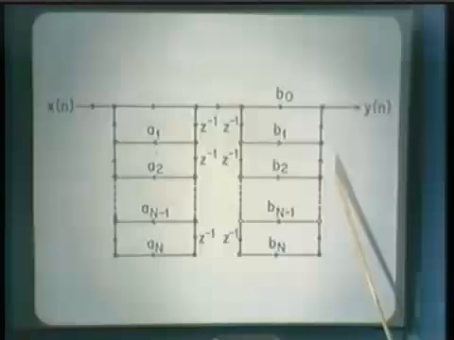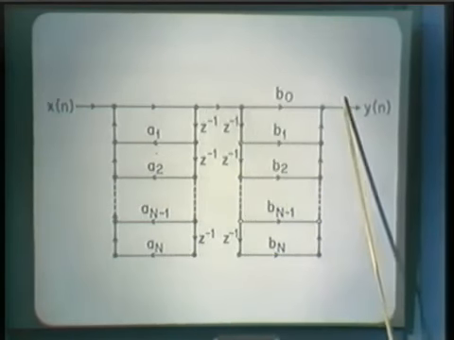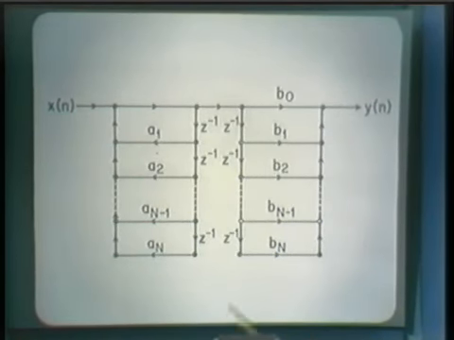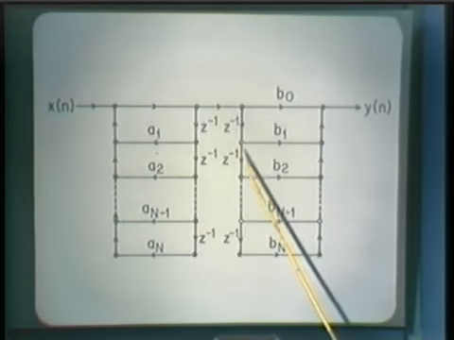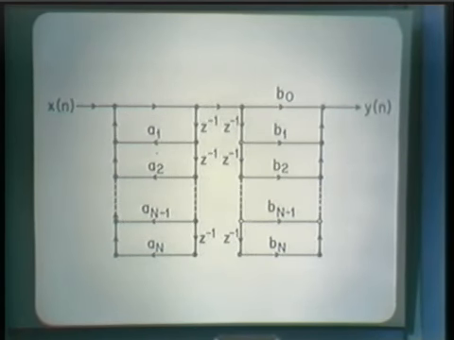So this system is identical to the other one, clearly identical in terms of the overall transfer function, and what I've done simply is just to interchange the order in which the zeros and the poles are implemented. Well, that manipulation, that is breaking that system and interchanging the order in which the systems are cascaded, can be interpreted in terms of either a manipulation on the transfer function or a manipulation on the difference equation.